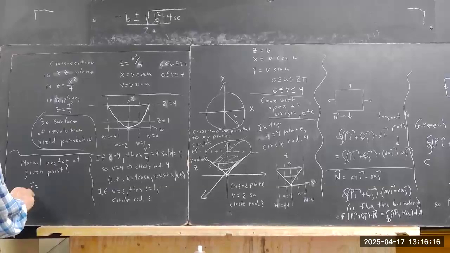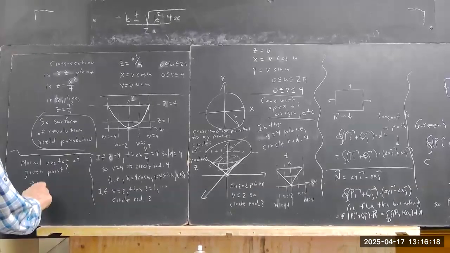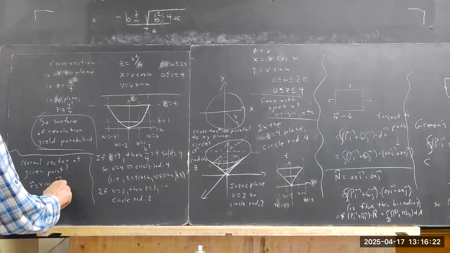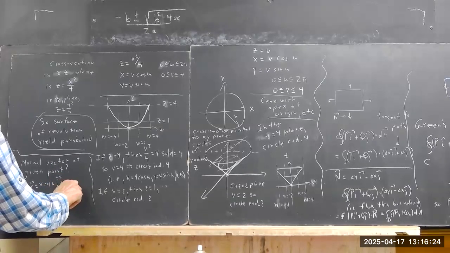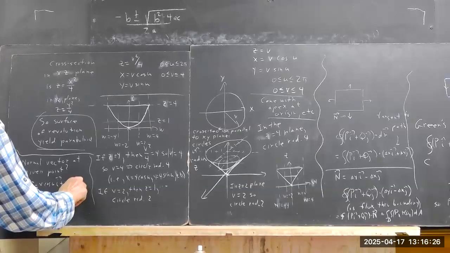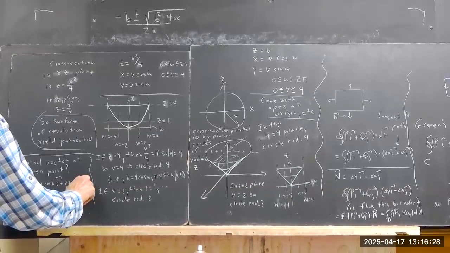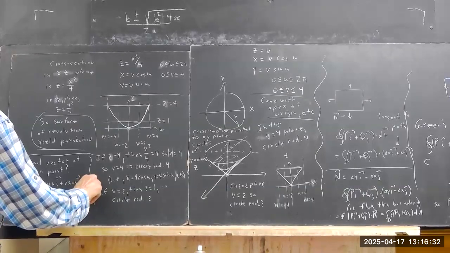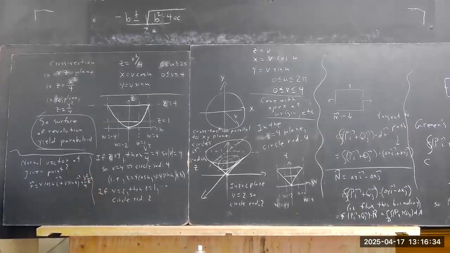if for this example, your R vector is V cosine U times I plus V sine U times J plus V squared over 4 times your K vector, right? Agree that okay?